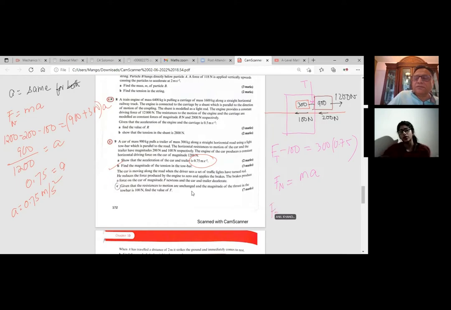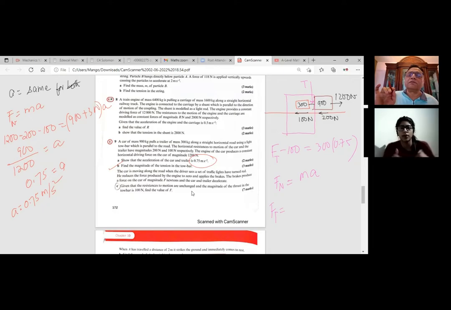Quick question. In the tow bar, there's tension this way because it's pulling that way. Is there also tension in the opposite direction, or only in one direction? Basically, the tension which is moving this in the front direction is Ft.